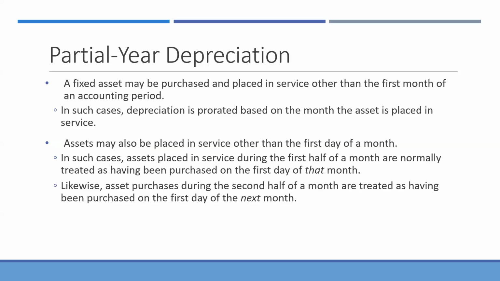So, for example, if we place something into service on September 10th, for calculation purposes we're assuming it was placed into service on the 1st. And if we purchased it on the 20th, then we'd assume it's on the 1st of October, right? To simplify our calculation, we're not going granular to the day. We're rounding to the nearest month.